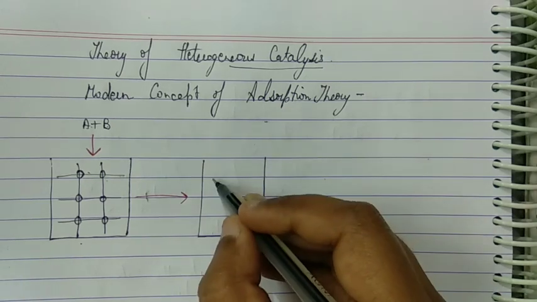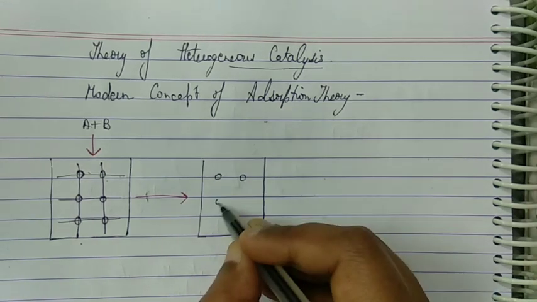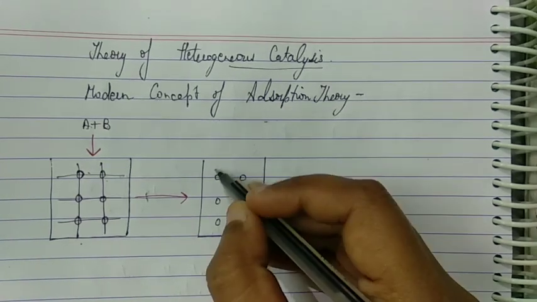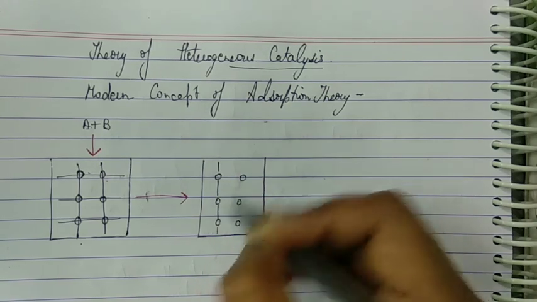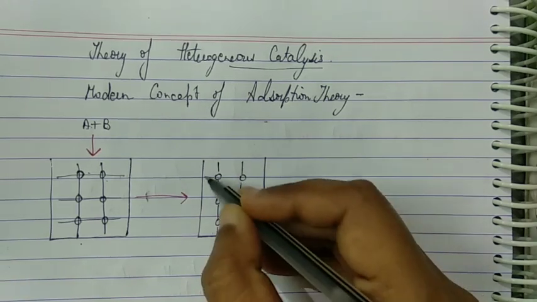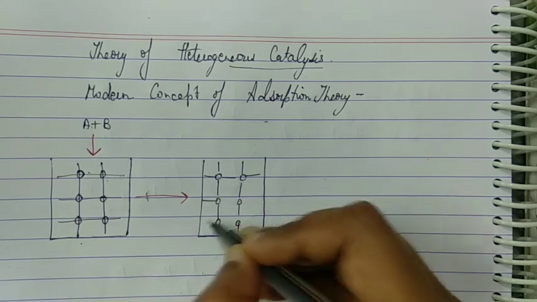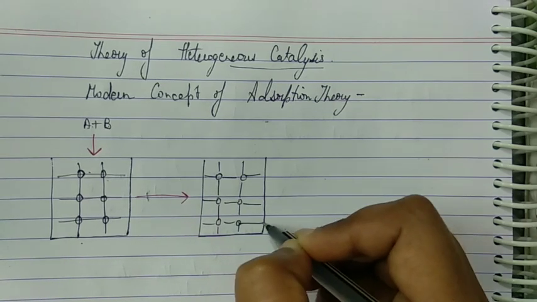This is your catalyst having space on its surface, or binding sites.